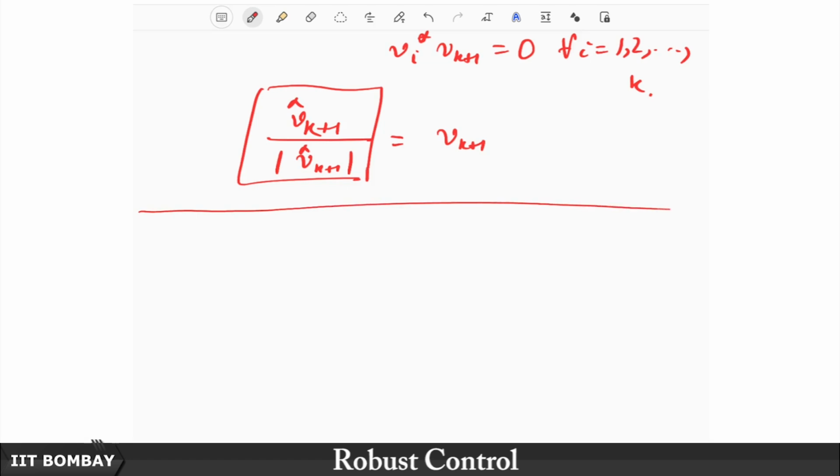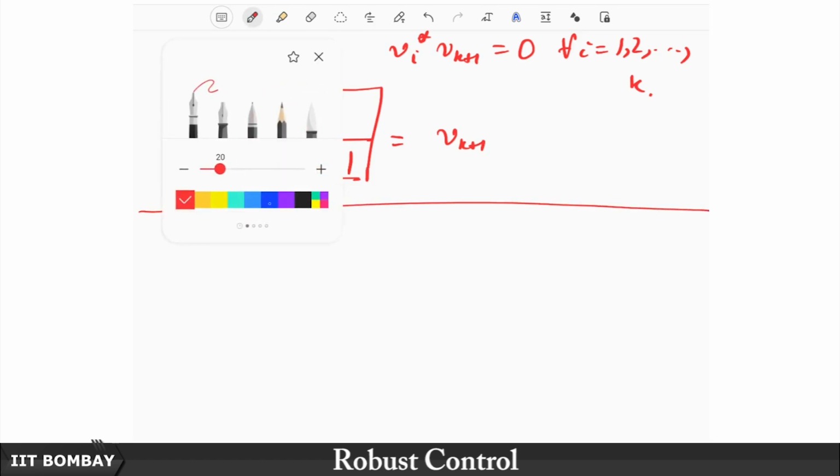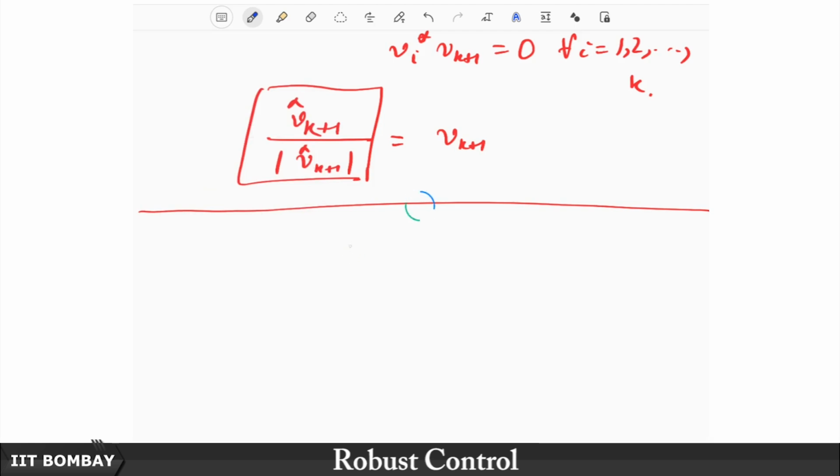So, having seen this, let me draw a line next to it. The next topic we are going to talk about is, again, we are going to go back to this. Recall this particular vector space that we have dealt with earlier, the set of Hermitian matrices, all right, matrices where A is equal to A Hermitian, that is, you take the transpose conjugate and they happen to be equal.